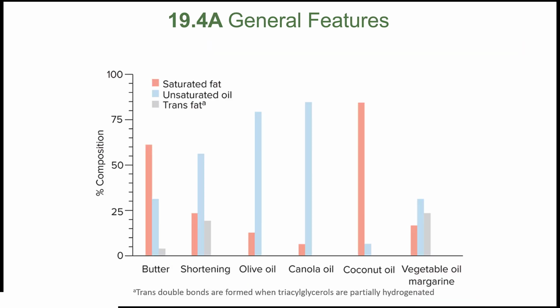When we're looking at general features of the different triacylglycerols and fats, you can see the composition of each of these different fats that we consume in our diets. Butter has a large concentration of saturated fat, which is why this one is a solid at room temperature. As is coconut oil, a lot of the time there's a lot more saturated fats here.